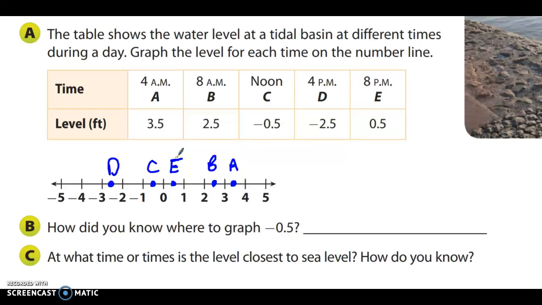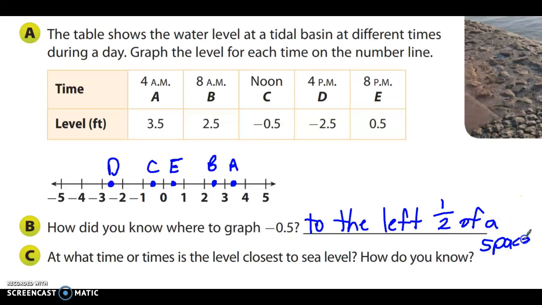Question B says, how did you know where to graph negative 0.5? So there's kind of 2 parts to this question. One part is the negative, so it's to the left, and then the other part is 0.5, which is a half. So I'm going to say to the left of 0, half of a space. That's about all the room we have.